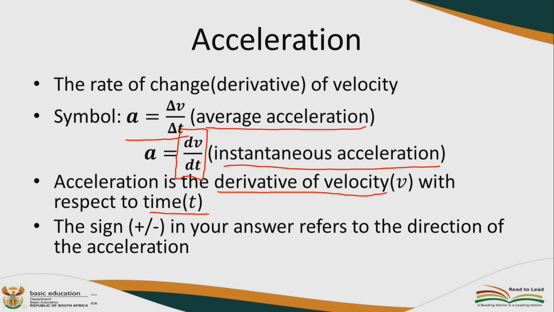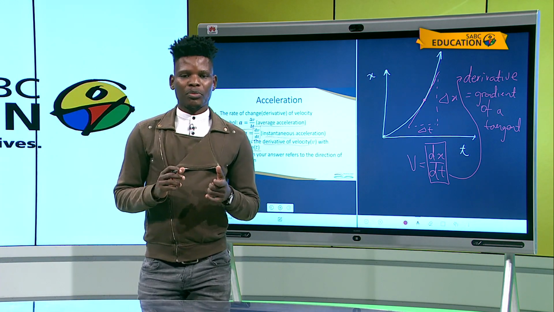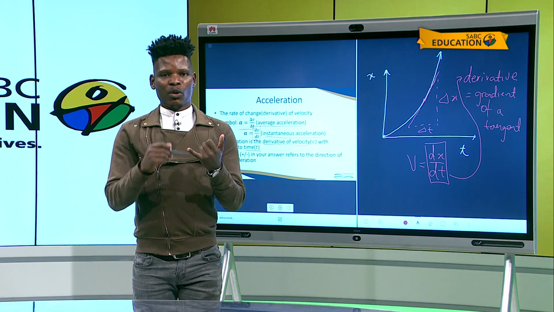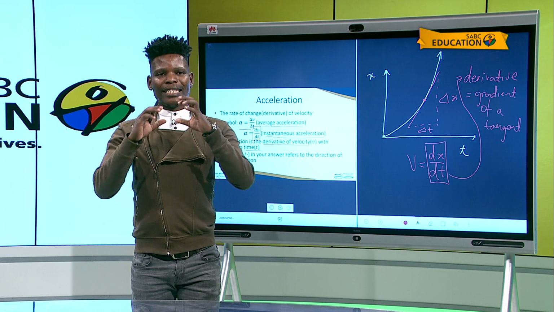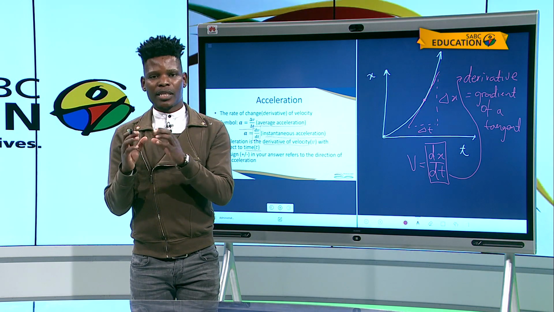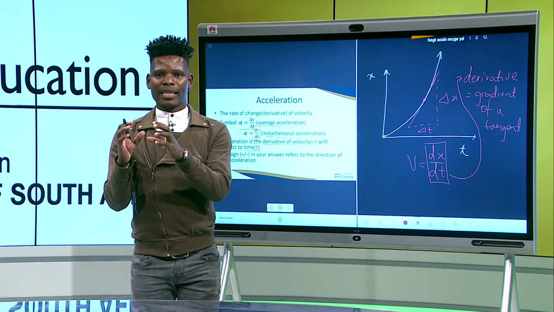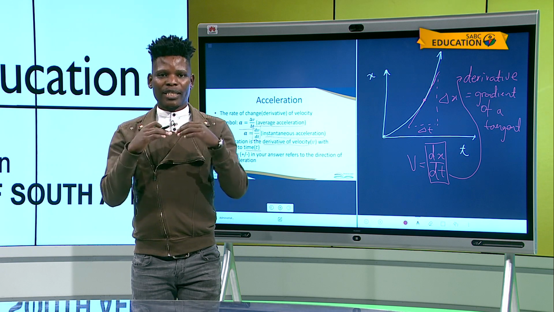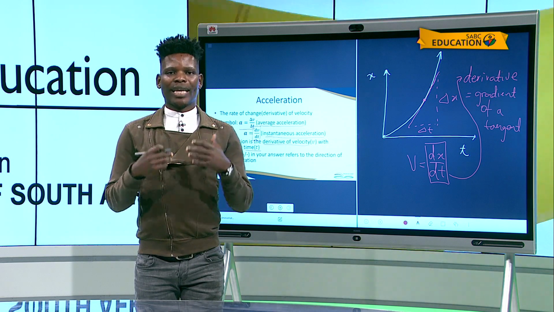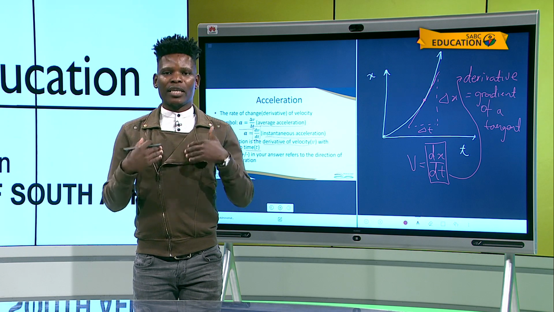All right, so this is what I want you to take away from the few slides that we went through. One is the fact that velocity refers to the derivative of displacement. So it means that if you have an expression for displacement, you can derive that expression and you will get the expression for velocity. Now, if we have an expression for velocity, you can derive that, and then that will give you an expression for acceleration.